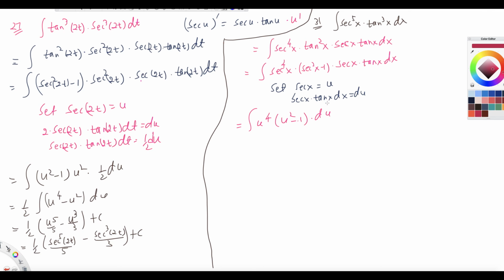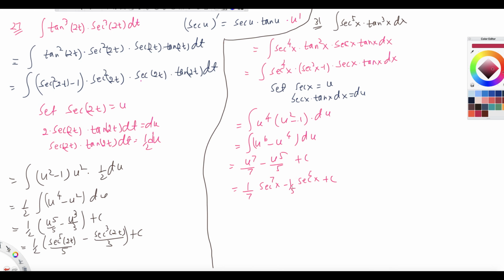So you can write u to the 6 minus u to the 4th, then du. Distributing, what is the integral of u to the 6? u to the 7 over 7 minus u to the 5 over 5 plus c. So that can be written as 1 over 7 secant to the 7th x minus 1 over 5 secant to the 5th x plus c, which is the final answer.